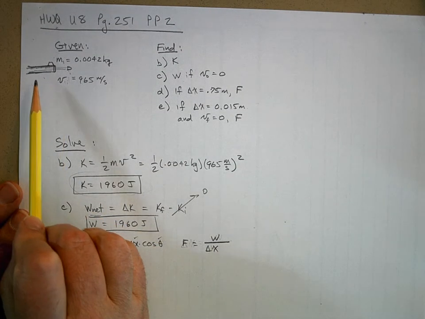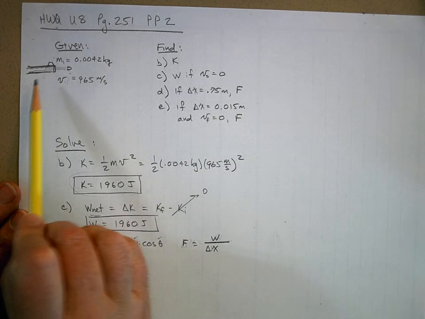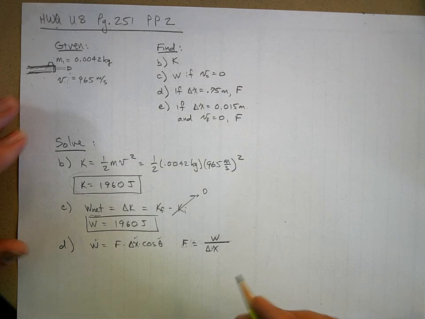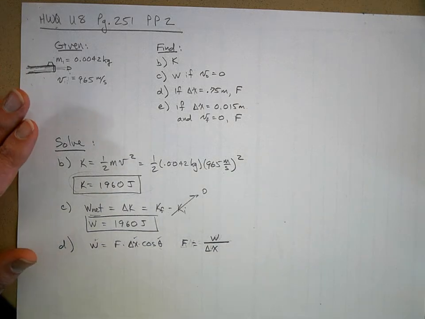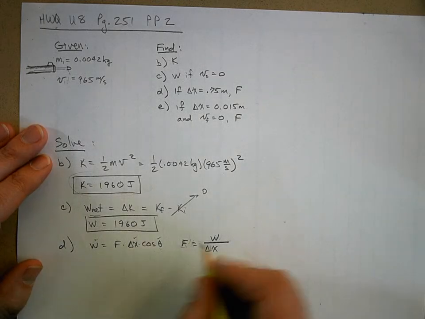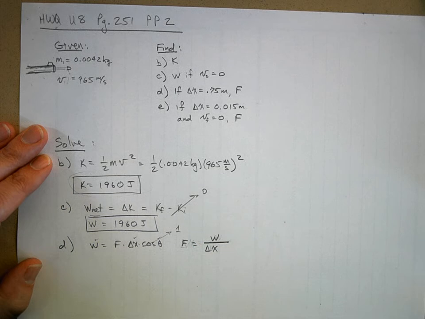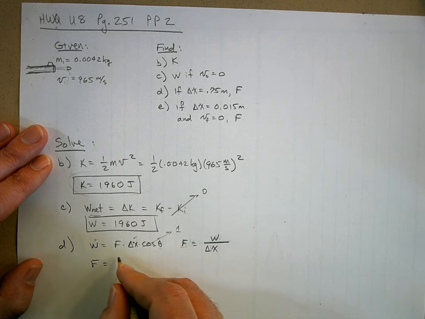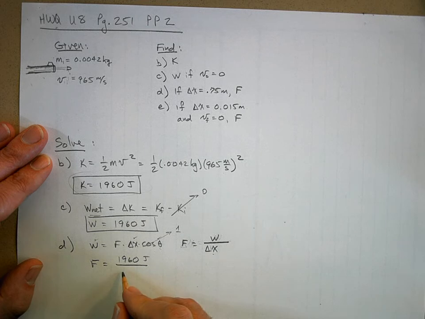Now, what is the direction of the displacement? Well, the bullet came out of the rifle to the right. The displacement's to the right. The force is to the right. Everything's to the right. So theta is 0. Cosine of 0 is 1. And so this is all we need to do. The force will be equal to the work done divided by the displacement.